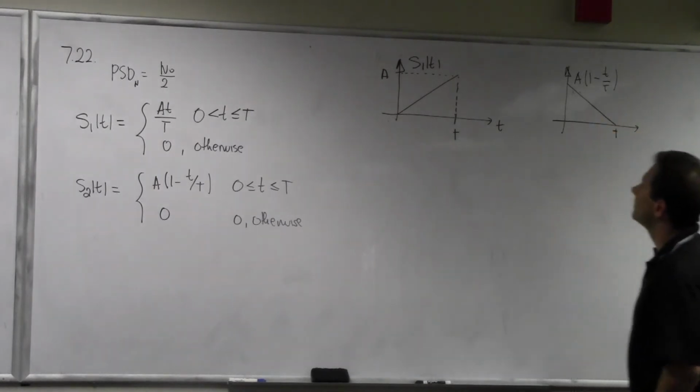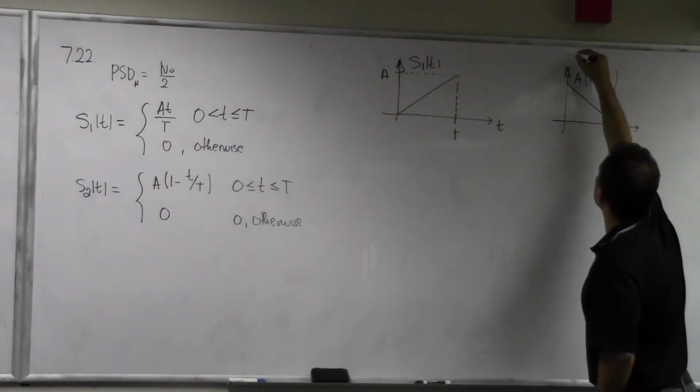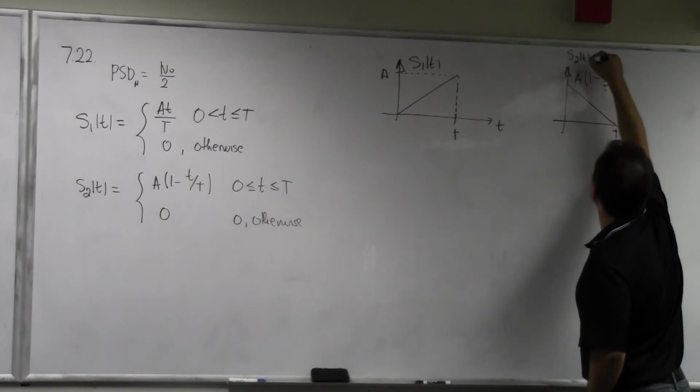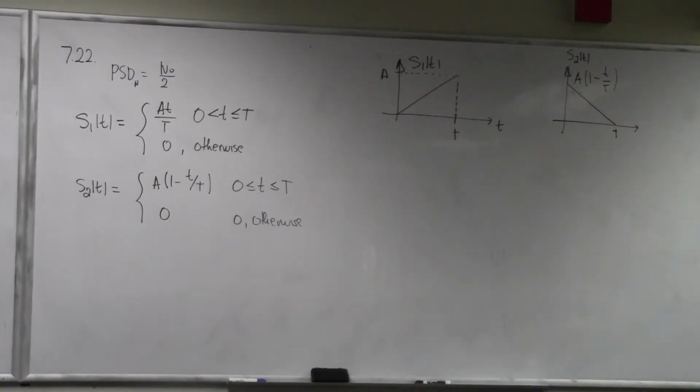So that's the S2 of t. Now these two are triangular pulses. What is an interesting thing here? S1 and S2 are a matched pair, right? You can see that S2 of t is S1 of capital T minus t.